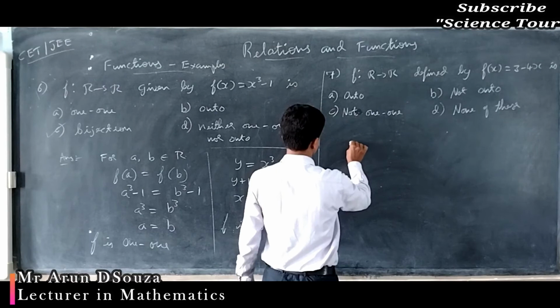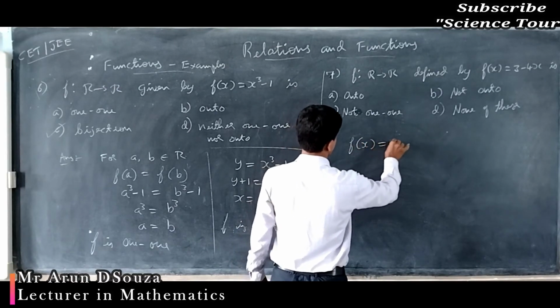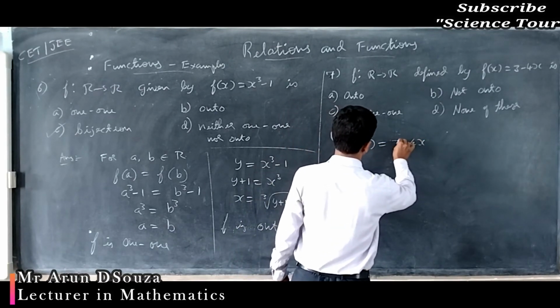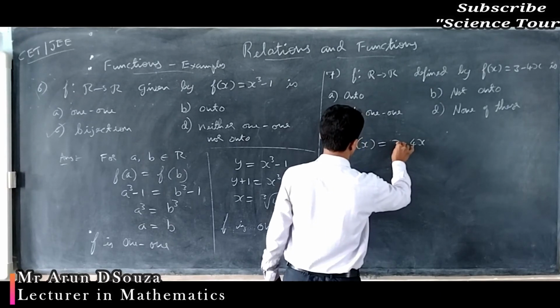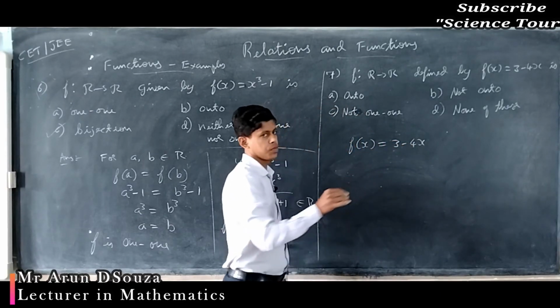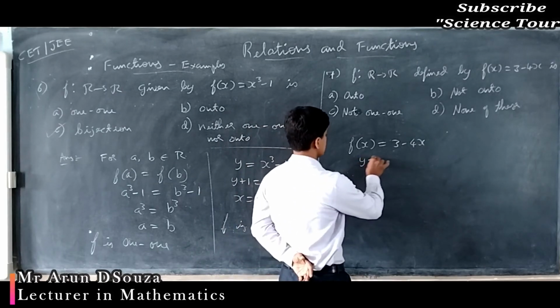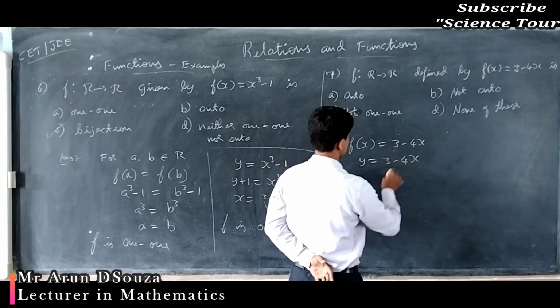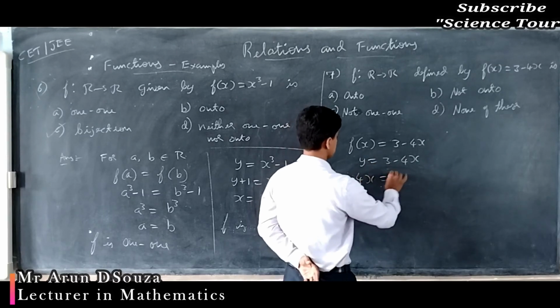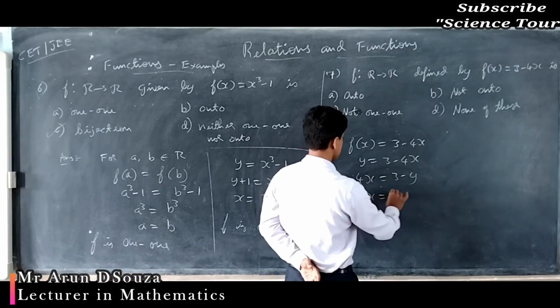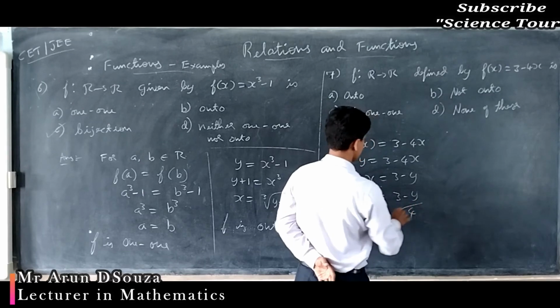So f of x is 3 minus 4x, right? Now you take this as y equals 3 minus 4x. Now this gives 4x equals 3 minus y. So x is equal to 3 minus y divided by 4.